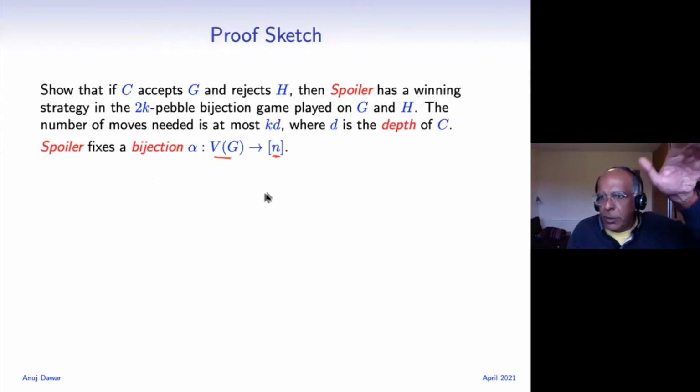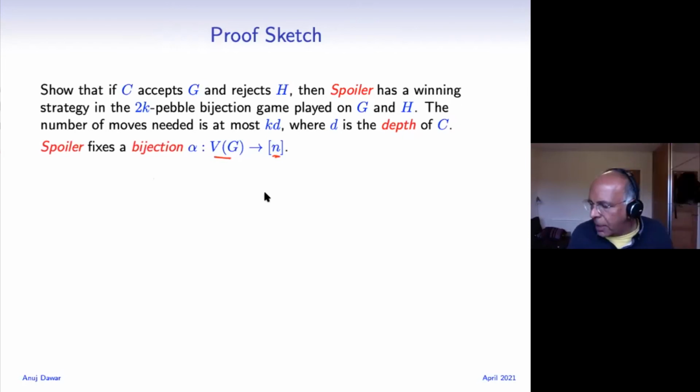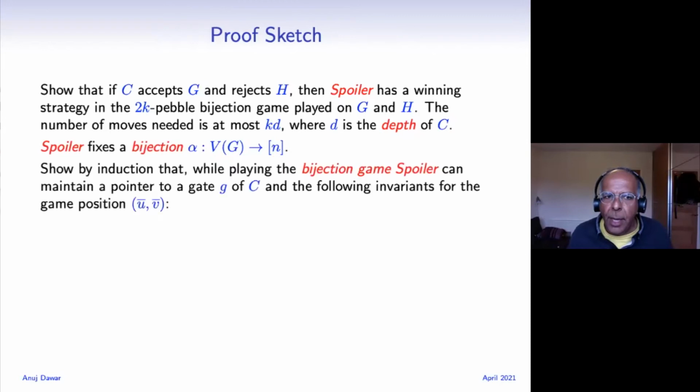I mean, that's just saying you fix some adjacency matrix representing G. And in the bijection game, duplicator maintains a pointer to a gate in the circuit and the current position in the game. Now, u and v are tuples of selected positions.